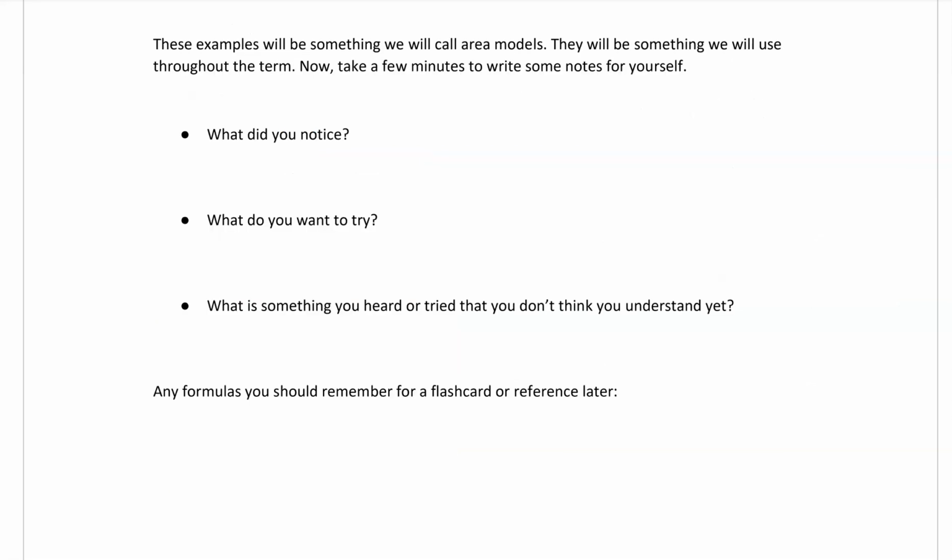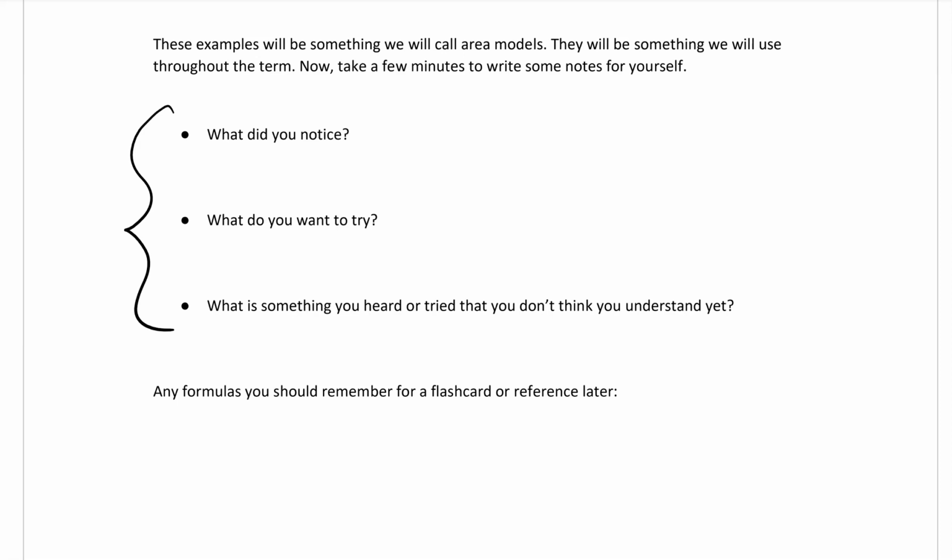So these are just some follow-up questions to this last example that we just did. Go ahead and fill out these 3 portions. What did you notice? What do you want to try? What is something you heard or tried that you didn't understand yet? So I'll go ahead and let you fill these out.